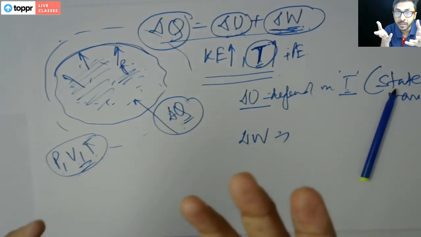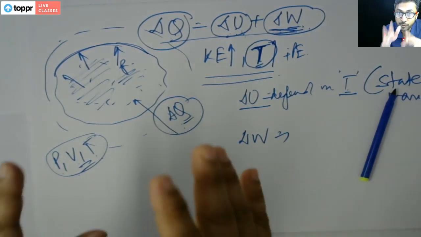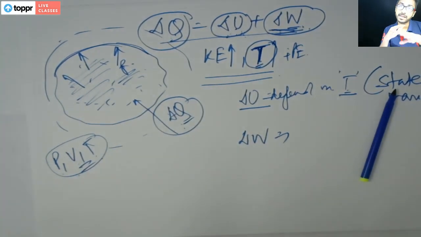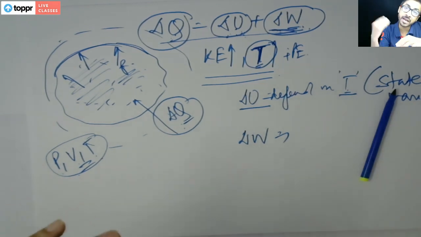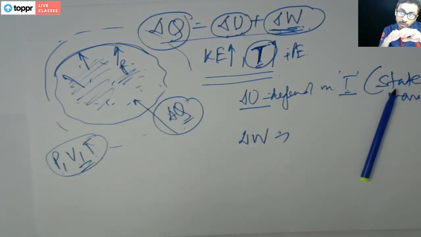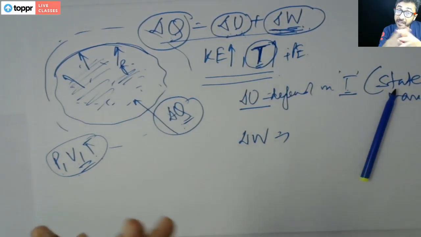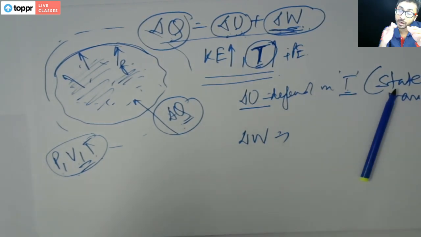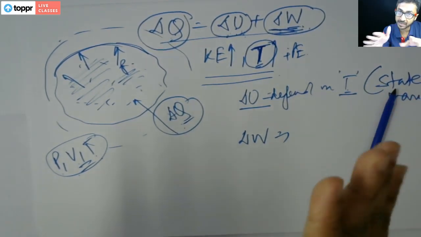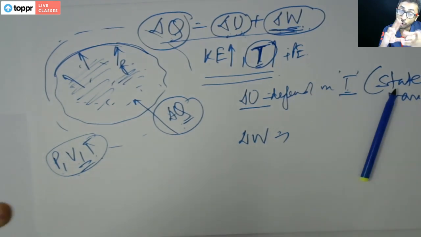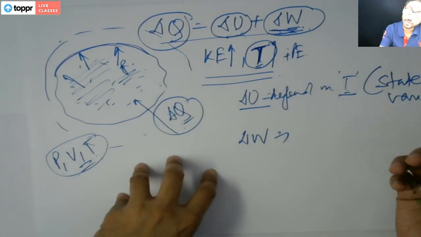And there is a process called isobaric. Isobaric means when pressure is constant. So gas can expand when the pressure is constant. It can expand when the pressure is some other function, not constant. Even the gas may not expand also, which we call isochoric, when the gas is not expanding.